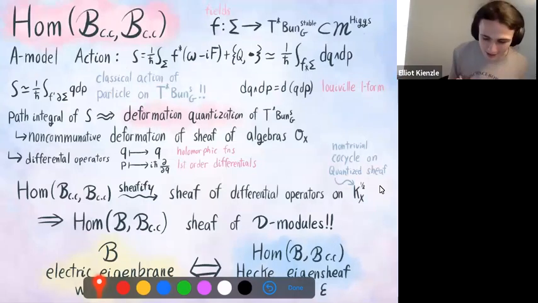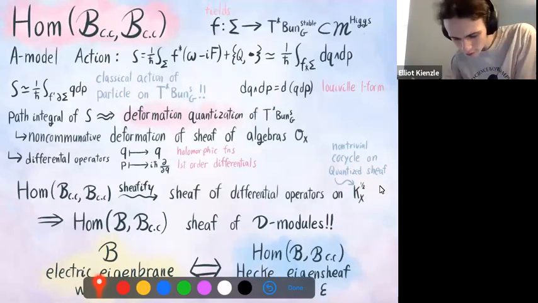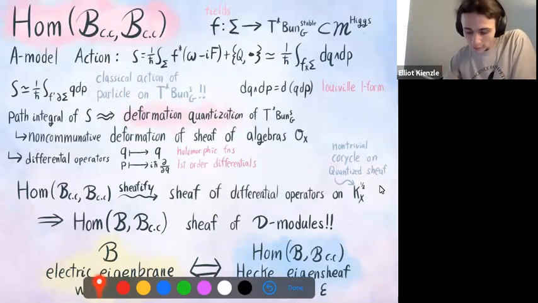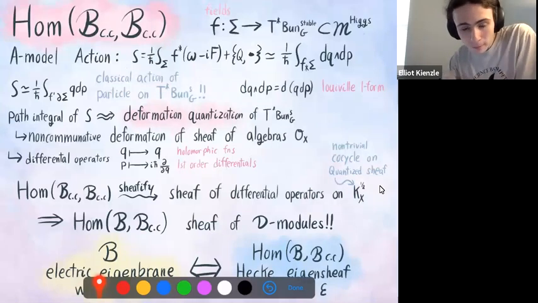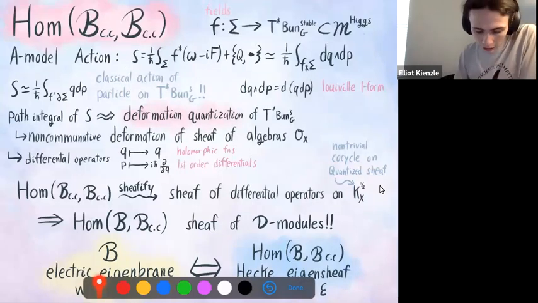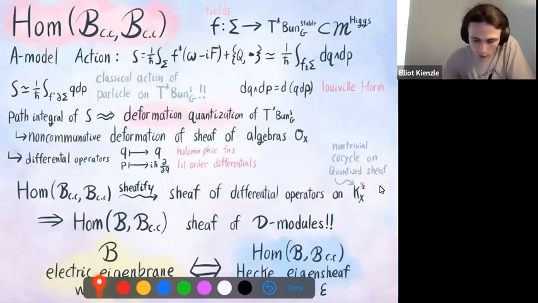So here's kind of how we see it. Remember, we're restricting the fields that lie in the cotangent space of the space of stable bundles. The A model action is 1 over h bar, and you can show that it's basically given by omega minus i times the curvature.